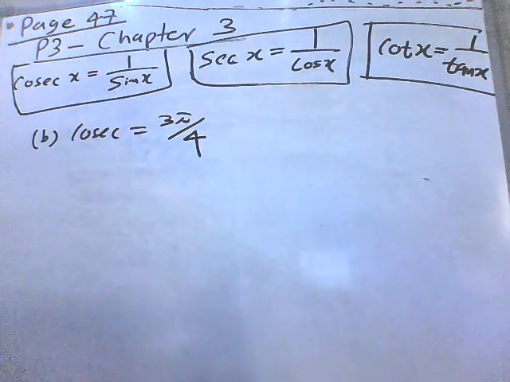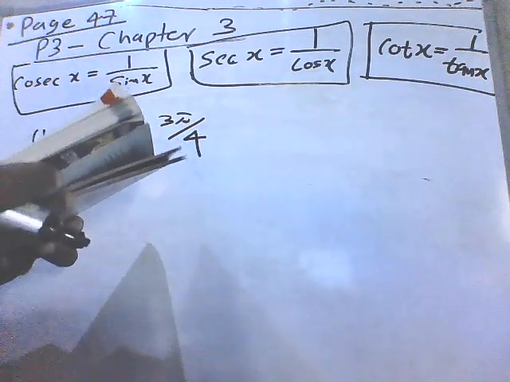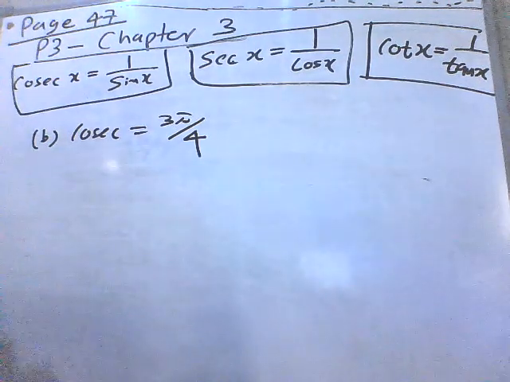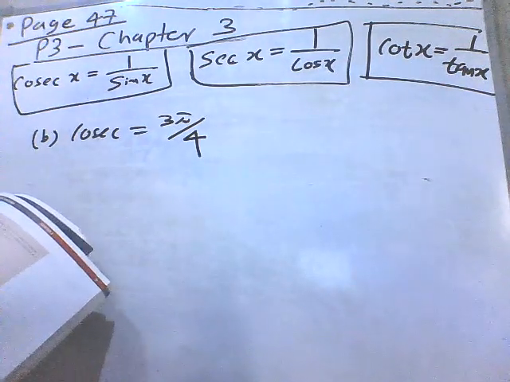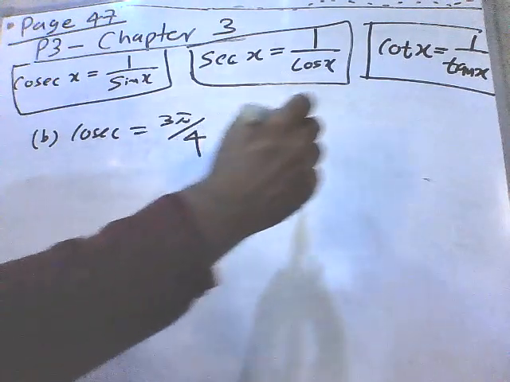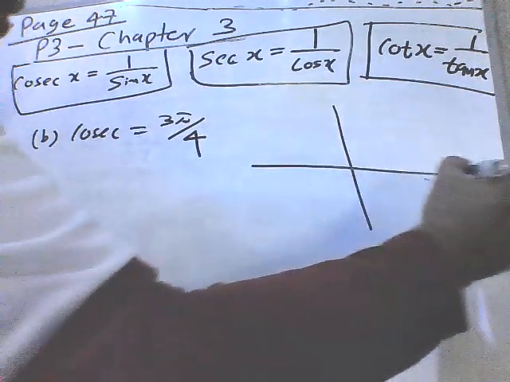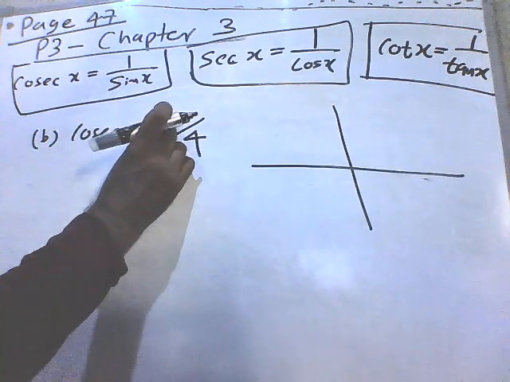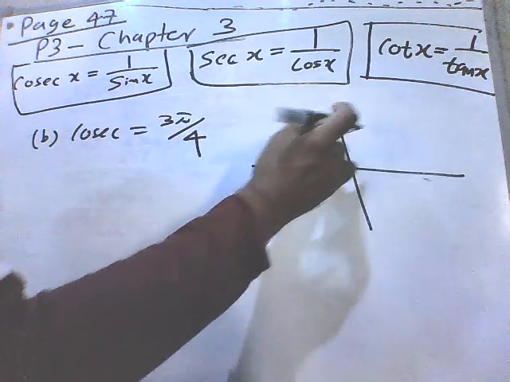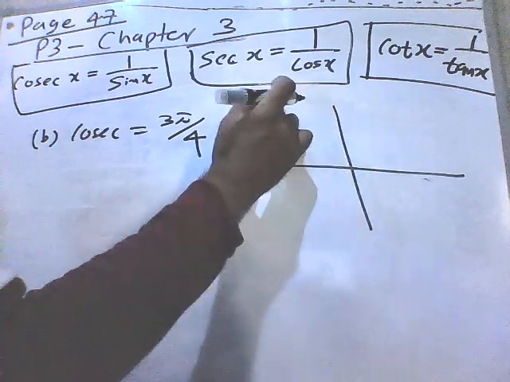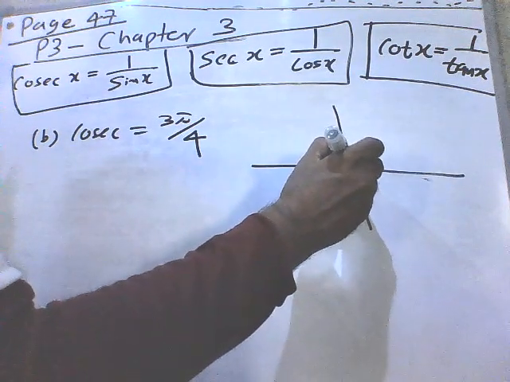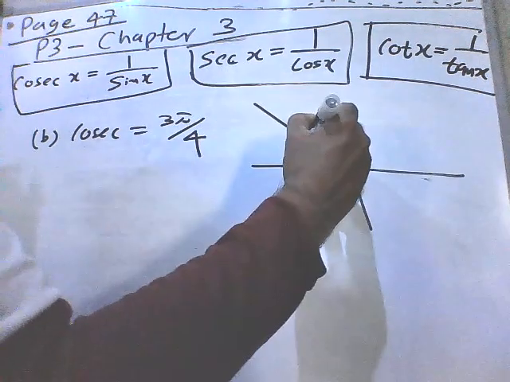So how are we going to tackle this? If we look at the diagram, 3 pi over 4, if you take 3/4 of pi, it comes up to here, so 90 plus, that means it comes up to here.